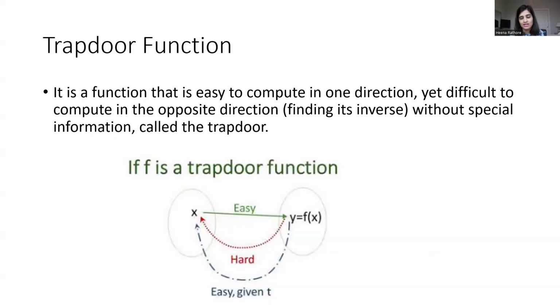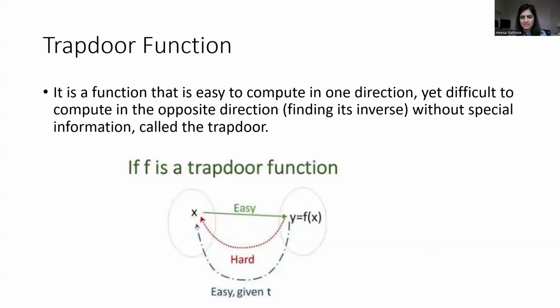That becomes difficult, and that's what the trapdoor function says. It is hard to get the value in the opposite direction, and it is very much applicable in this elliptic curve, that given two values, you can easily compute in one direction.